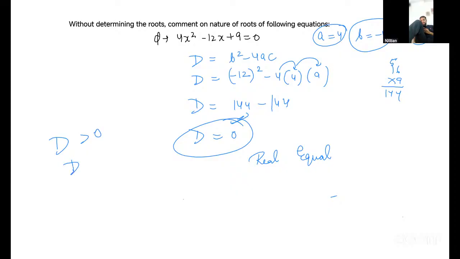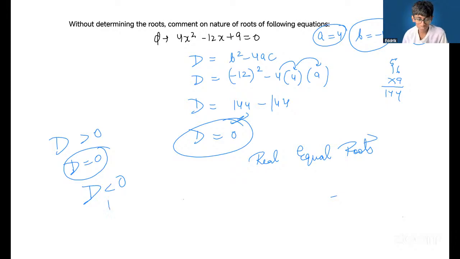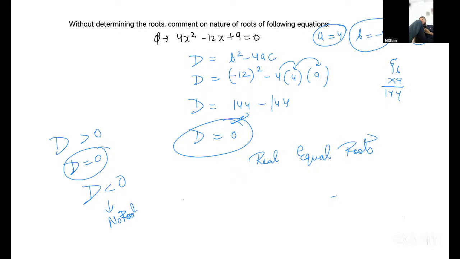If the value of D is equals to 0, then equal roots. And if the value of D is negative, like negative 1, negative 2, negative 3, then there will be no real roots. Okay, like this you have to solve.